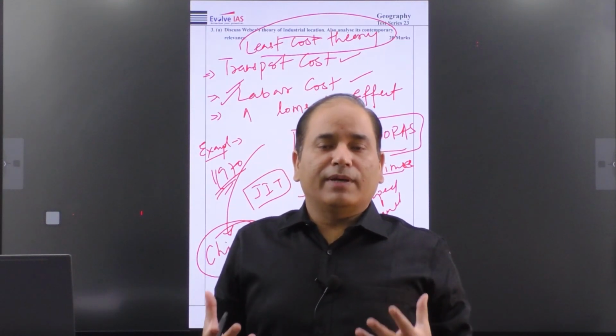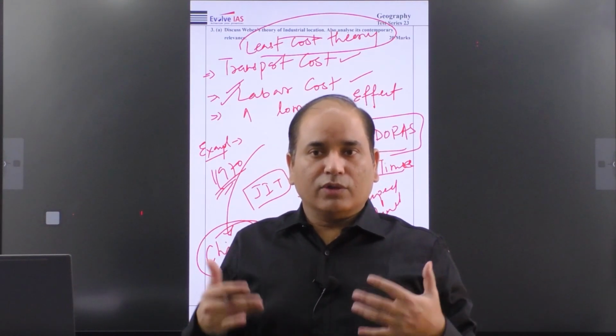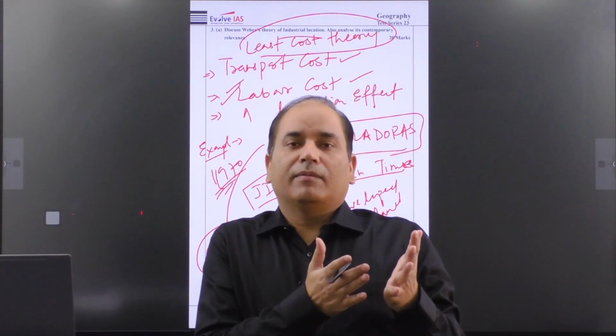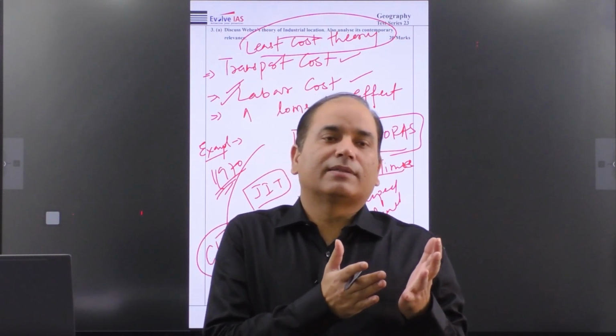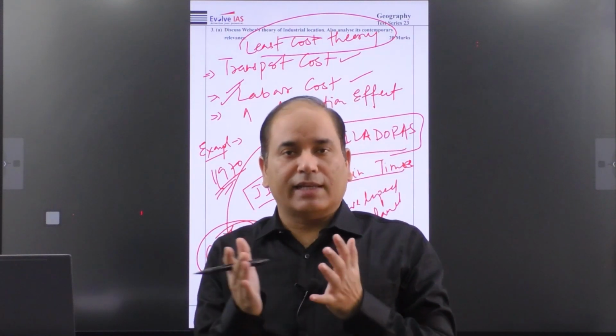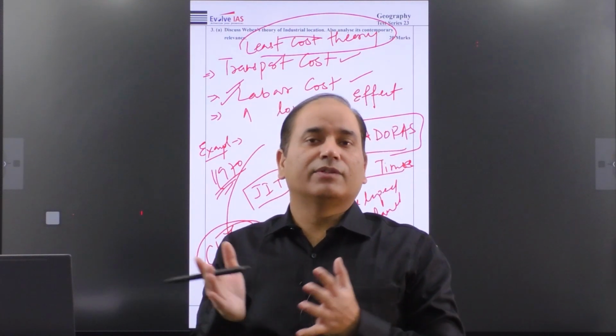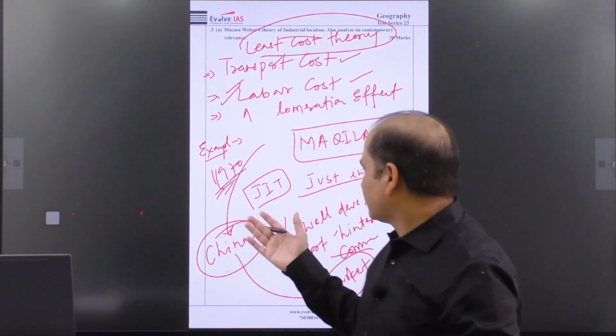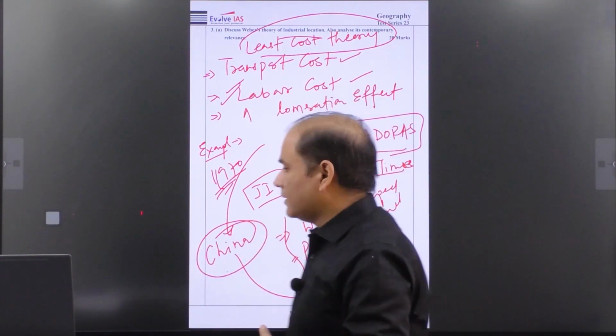So in a way you can say that the growth of China is very well associated with Weber's idea, which is very much relevant in case of China's manufacturing growth. So all these things you can write.